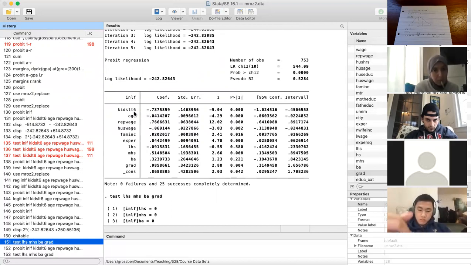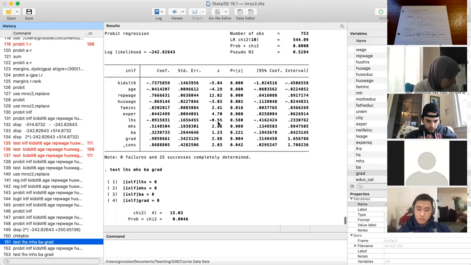Typically that's a little cumbersome and we just rely on the Wald test instead. The Wald test and likelihood ratio test are asymptotically identical, though in specific cases the values will vary a little bit.